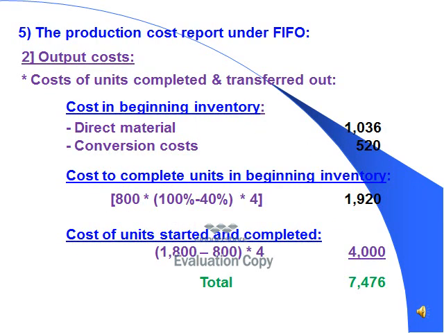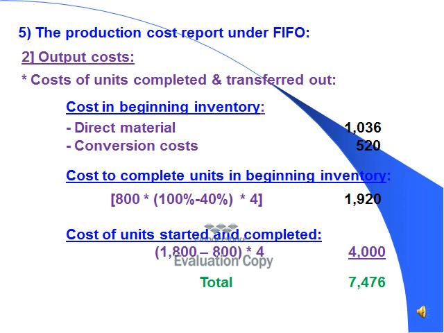The second part of the production cost report under FIFO is output cost. Cost of units completed and transferred out consists of three parts. Cost in beginning inventory. This part is given in the example. Direct material 1,036, conversion cost 520.